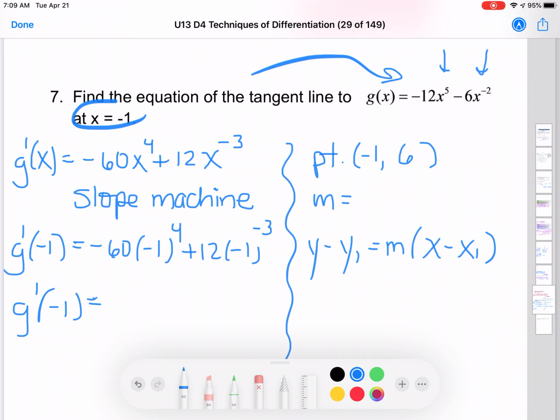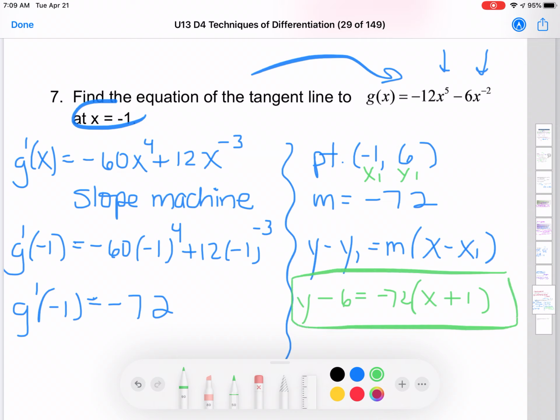Okay, and you could use your calculator for this, and we get -72. So now we just take those values and plug them in. Remember, this is your x1 and this is your y1. So y minus 6 equals my slope times x minus -1, which becomes x plus 1. And that's it. That's your equation of the tangent line.